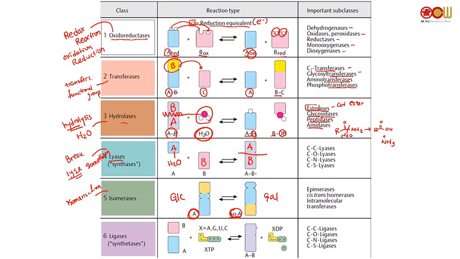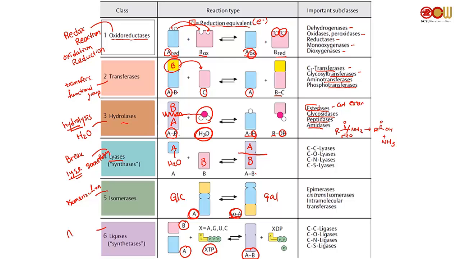You have A and B, you end up with B and A. Or actually, in the case of ligase, the most common direction is A plus B gives you AB. Now, in most cases, a ligase-catalyzed reaction is unfavorable unless you have ATP.